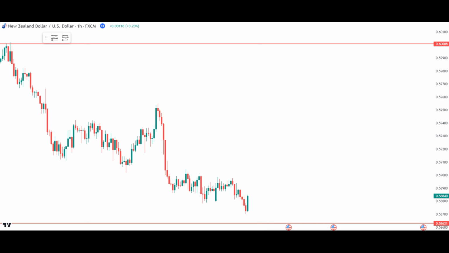I zoomed in a little bit, and what we see here at the 1 hour chart is a great and beautiful bullish engulfing candlestick pattern. Right at this point, we have the support and resistance area from our multi-timeframe analysis, which could be a strong support.